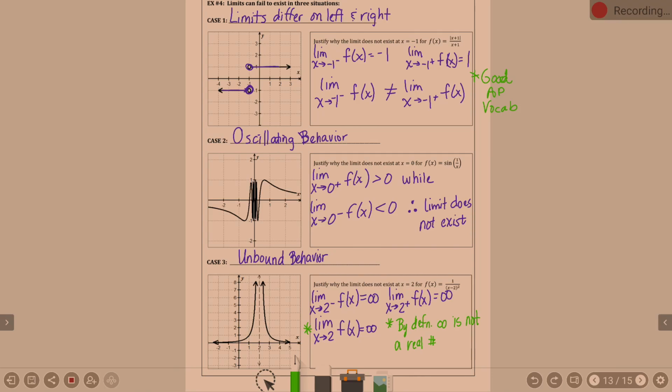And if you recall, it had to equal a real number. So that's one of those, come on, right? One of those little catches if someone wants to say that it doesn't exist. Okay?